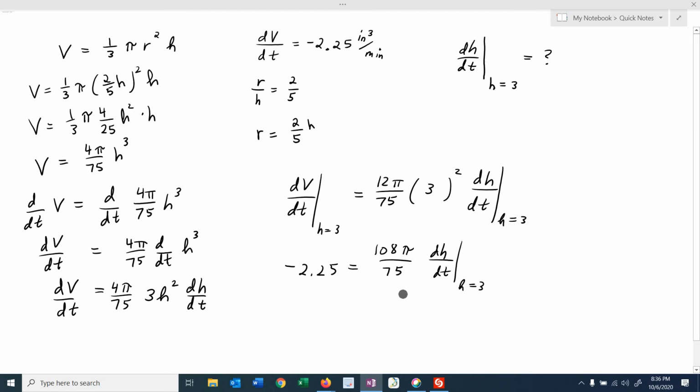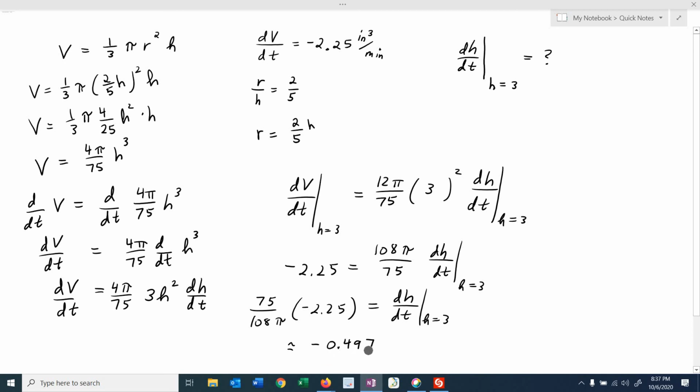Okay, and now just to finish this off, we just need to divide this to the other side, or you can multiply by its reciprocal, which is 75 over 108 pi. And that's going to leave us with dh/dt when h is equal to 3. Okay, so you can plug this into your calculator, and you end up with negative 0.497.